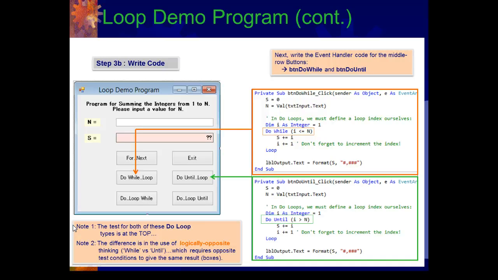And note 2, the difference between the top implementation up here and the bottom implementation down here is the use of logically opposite thinking, while versus until, which requires opposite test conditions to give the same result. Okay? So you need different test conditions here than you do here. In fact, the opposite test condition. Any questions so far?